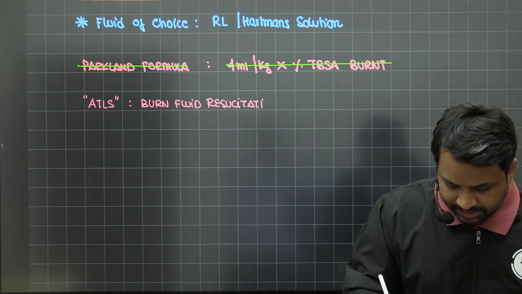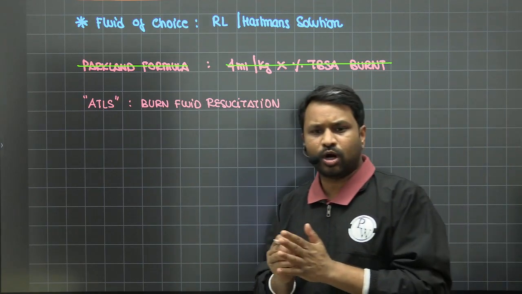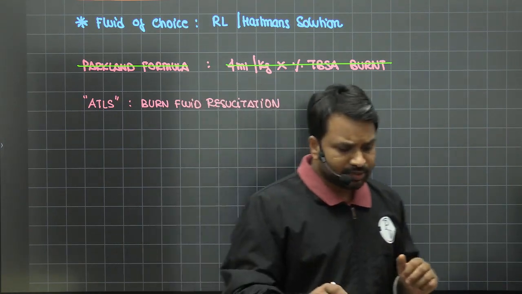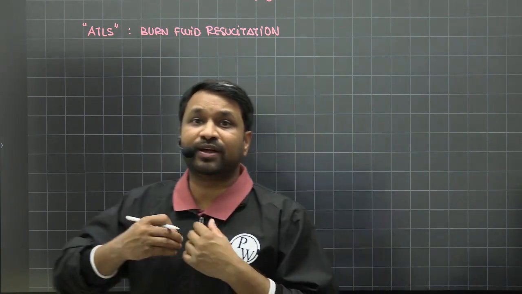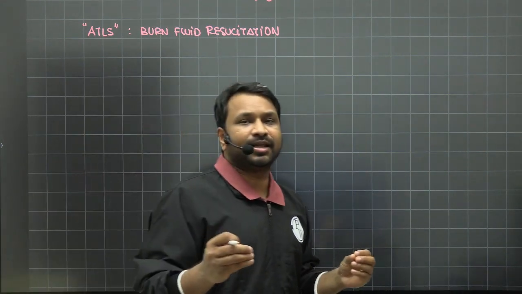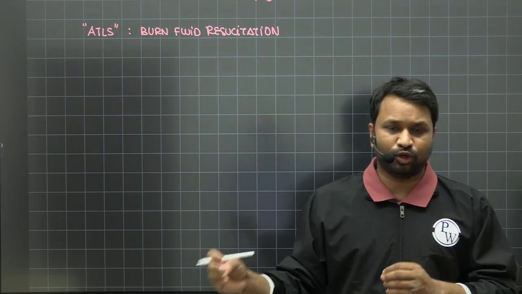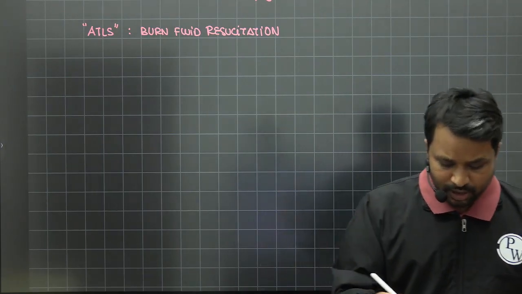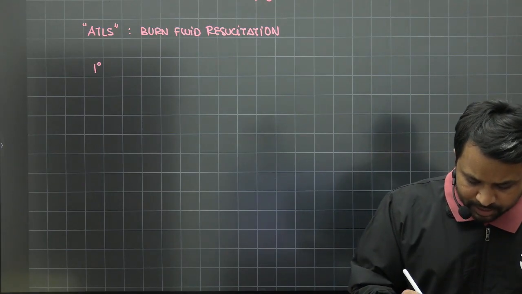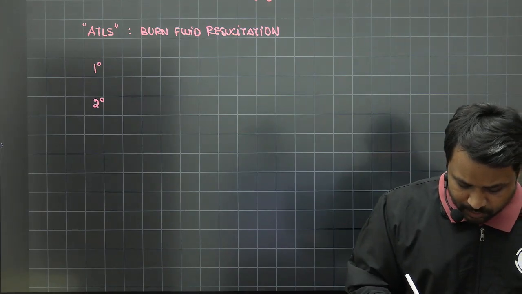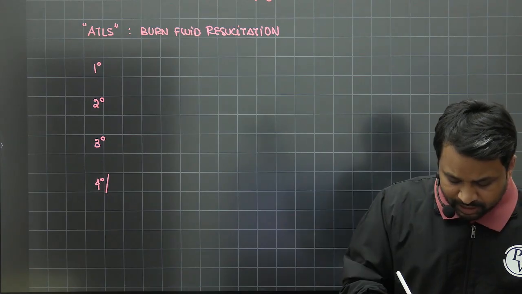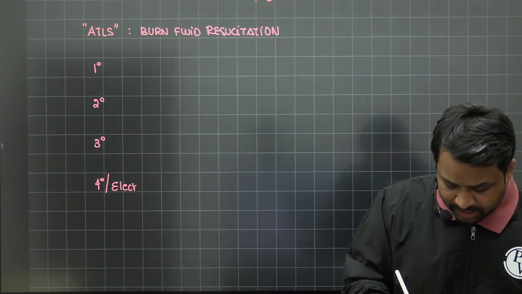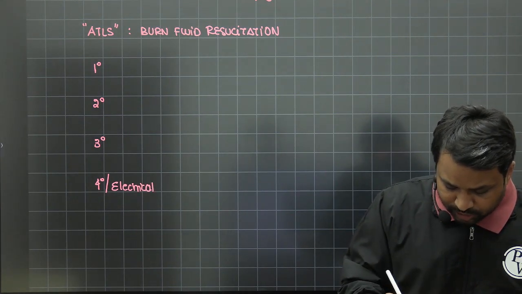In the ATLS burn fluid resuscitation, rather than trying to give a random number, let's categorize based upon the depth of the burns that we have. We remember we had first degree burns, second degree burns, third degree burns, fourth degree burns, which are deeper and involve the underlying structures, or we can also see special burns like electrical burns, right?